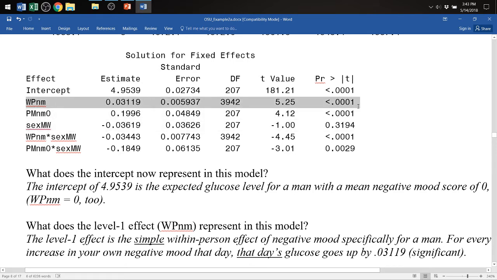This is my within person negative mood effect, given its interaction with gender. This is specifically for men. So in men, for every unit more grumpy you are than usual, that day's glucose goes up by 0.03. In women, what happens to that within person negative mood effect?